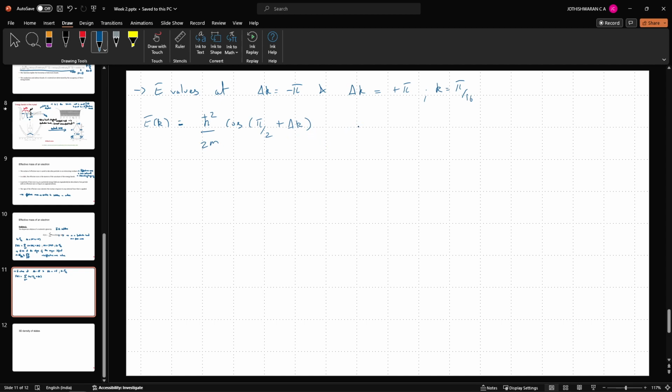Now cos of pi by 2 plus theta is actually h squared by 2m sine delta k, where delta k belongs to minus pi to pi.